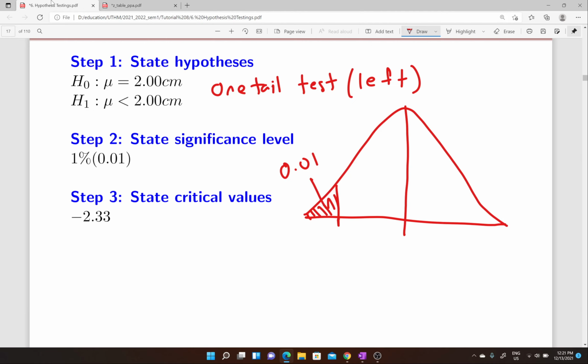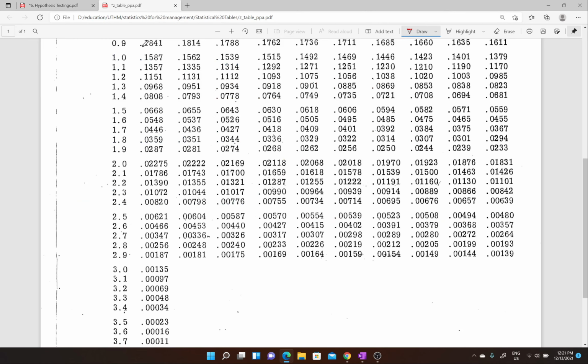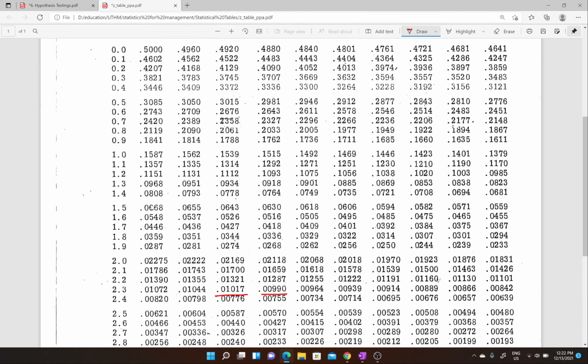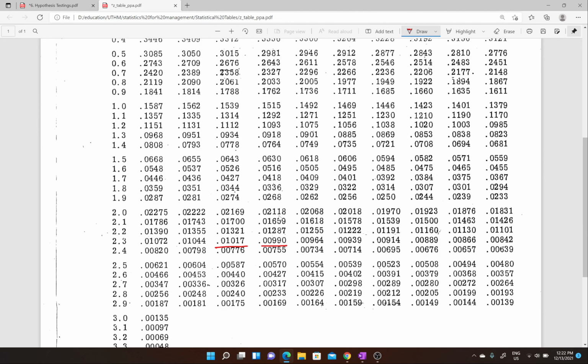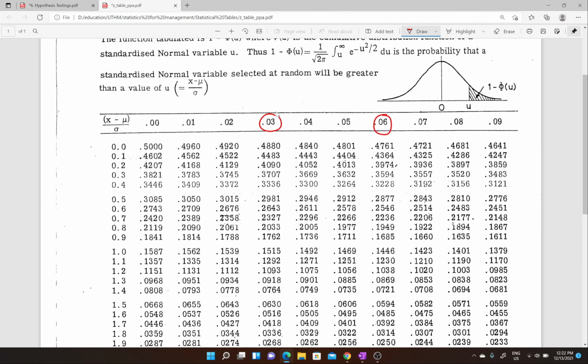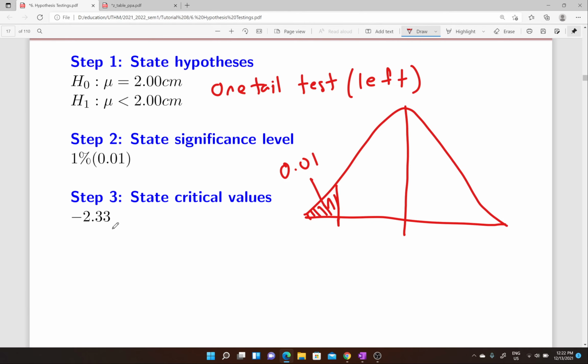I go for 2.33. Since it is on the left hand side it is negative, that's how I get the critical value.